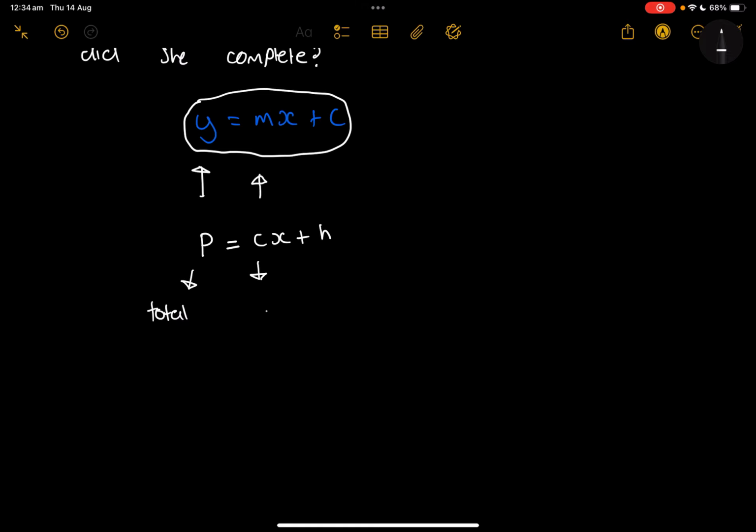The C is the amount of chores, so the number of chores. The X is how much she gets paid per chore, and the H is the amount she gets given per week as pocket money. So the dollar of pocket money.